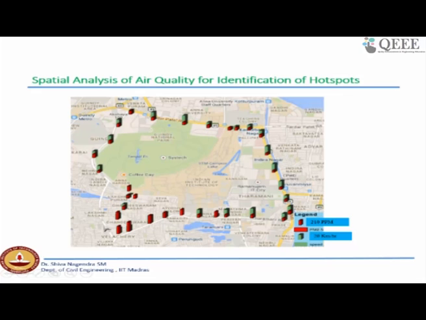They were able to indicate the locations where the air quality is very high. This gives hotspots where the air quality is comparatively higher than other locations within the test corridor we considered. These are some of the hotspots which we have indicated.